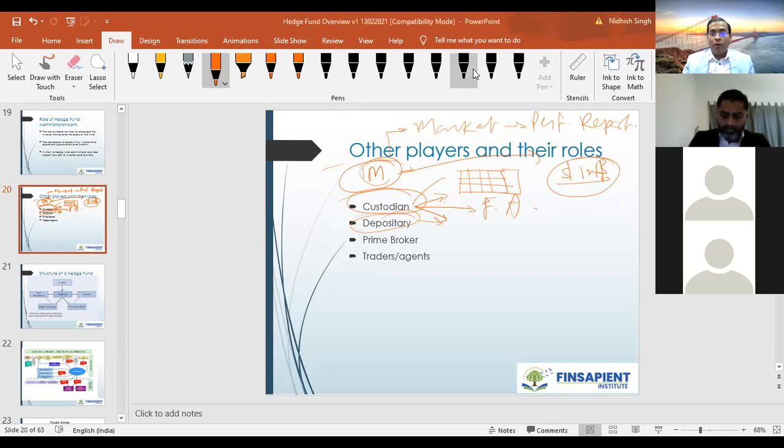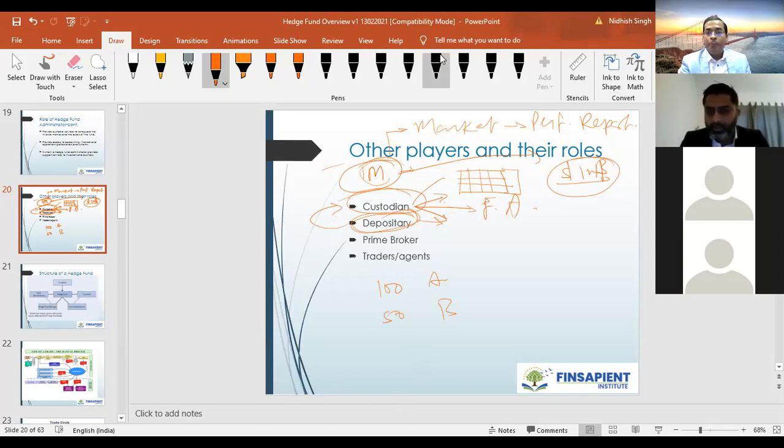So that is the role of the depository. And after confirmation with the depository and the broker, the data is sent to the custodian to confirm that, hey, today we have sold 100 stock of A and bought 50 stock of B, and so on and so forth. So that is the difference between the custodian and the depository, and that is their role.